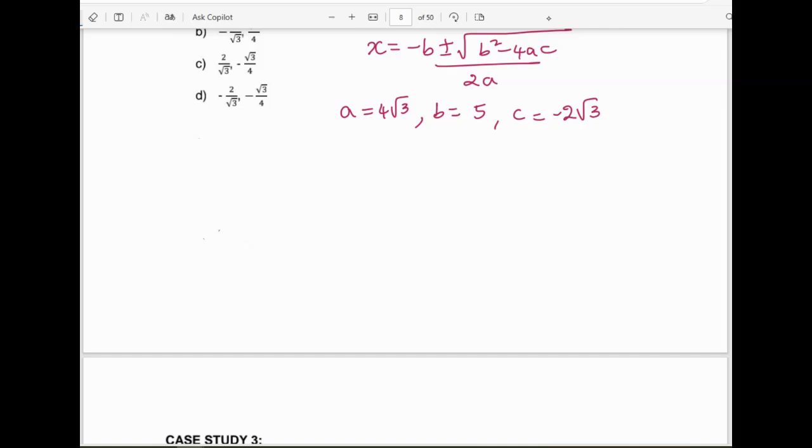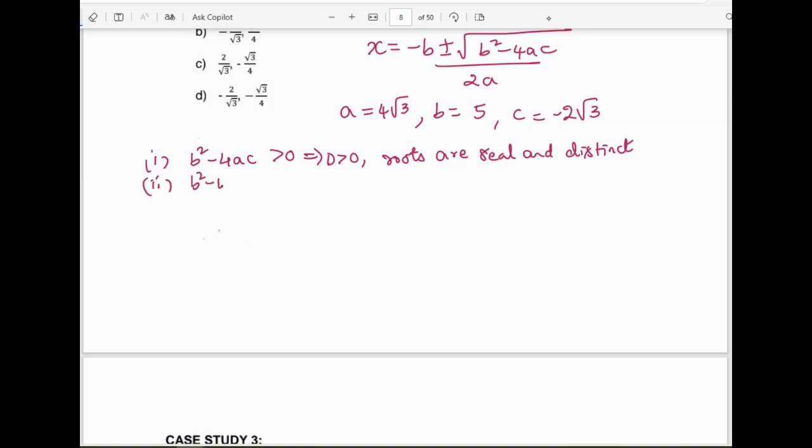So here we have conditions. The first condition says when the discriminant value is greater than 0, that is when d is greater than 0, roots are real and distinct. Then second one, it says b square minus 4ac is equal to 0.